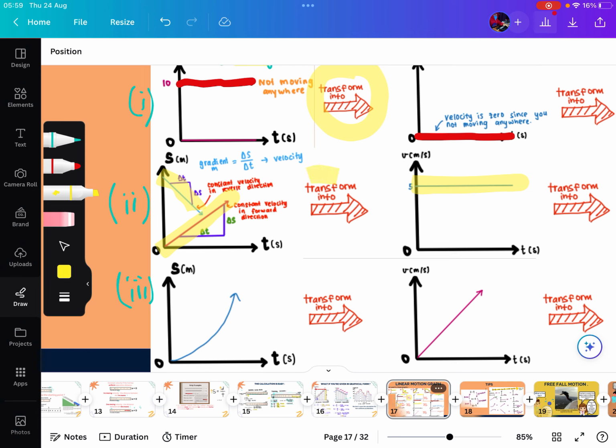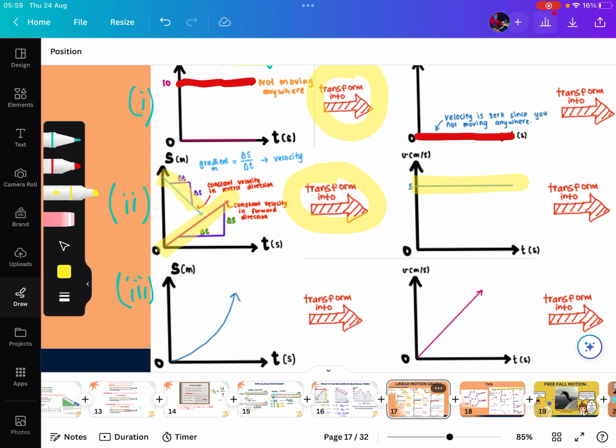For the ST graph, the straight line moving upwards indicates constant velocity in the forward direction, and the straight line moving downwards is actually in the reverse direction instead, but both are constant velocity.